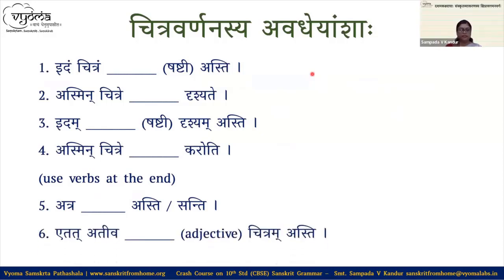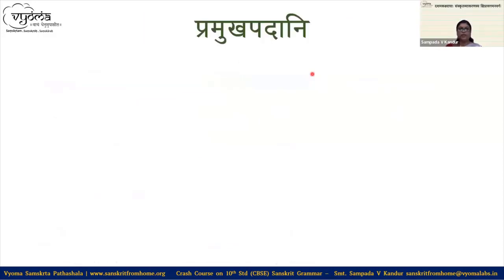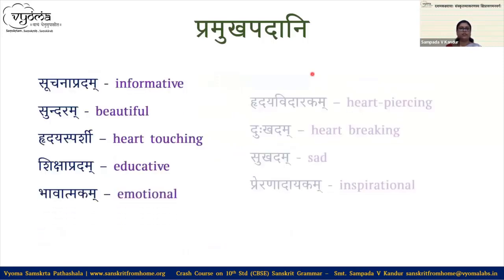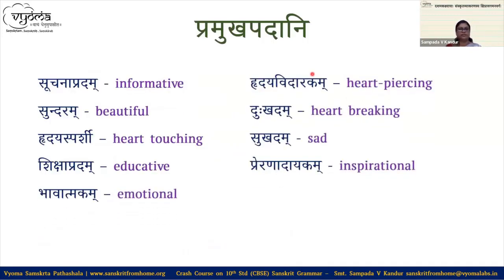Etat ativa dash chitram asti. Okay. Now any adjective from this. How will you use that sentence for this picture? Etat ativa sundaram chitram asti. Can this sentence be added to any kind of picture?